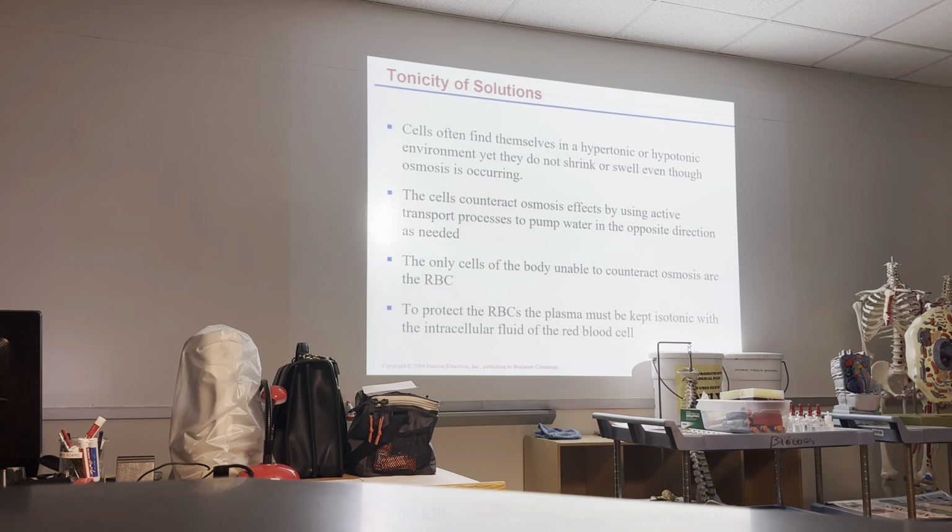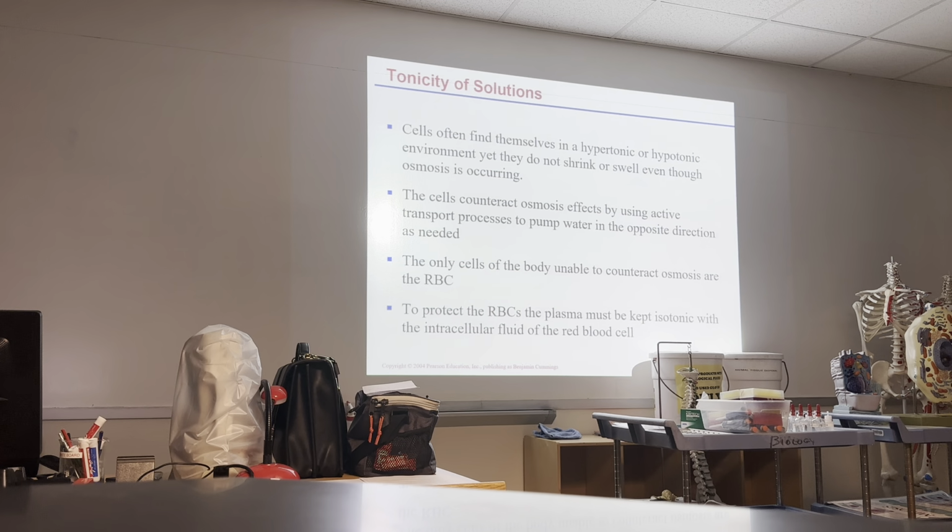The only cells in the body unable to counteract osmosis are the RBC, red blood cells. To protect the red blood cells, the plasma must be kept isotonic with the intracellular fluid of the red blood cells. And during your lab exercise, you know the importance of why it has to be isotonic, right? You keep the rigidity and the shape of these red blood cells.